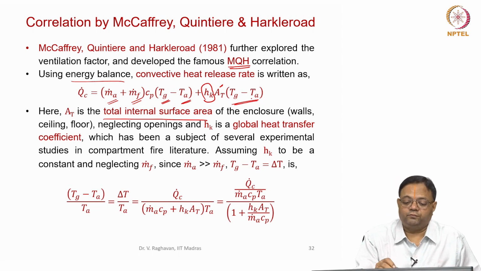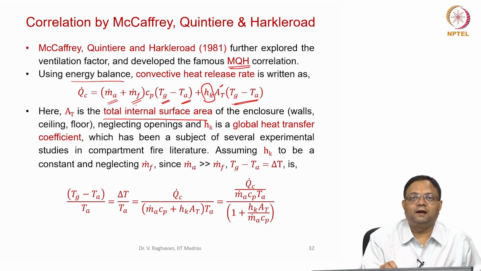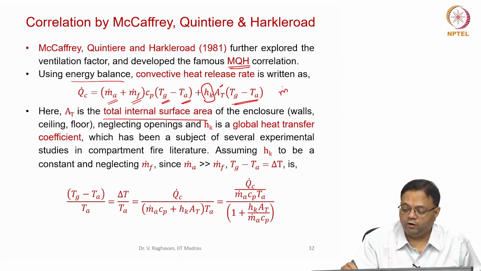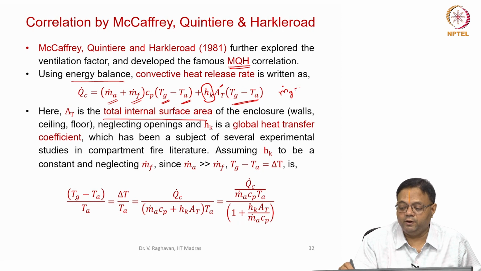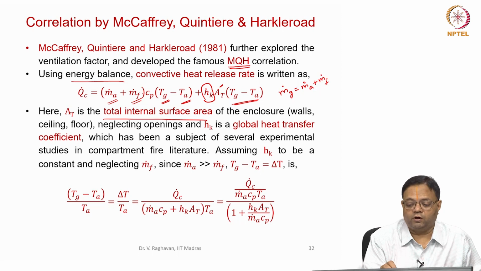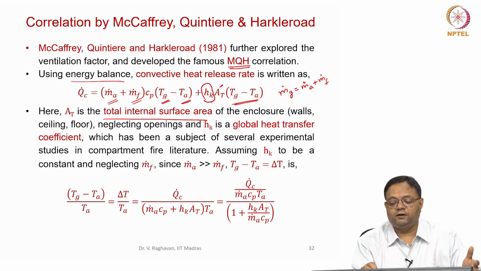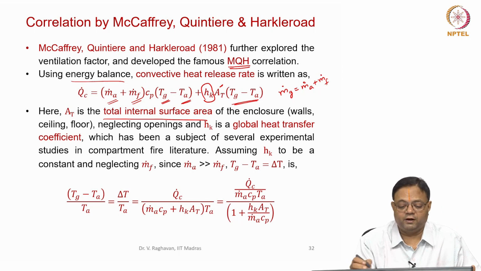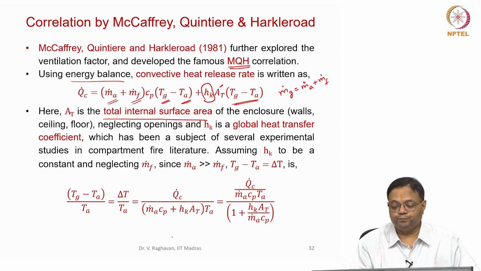Apart from the heat carried by the hot gases, the mass flow rate of the hot gases will be equal to mass flow rate of air plus mass flow rate of fuel. So, apart from the convection due to the flow of the hot gases, there is some overall or global heat transfer coefficient, and internal area multiplied by delta T is also considered.